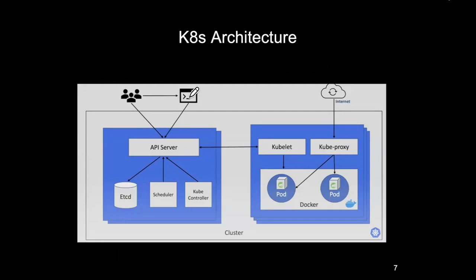And when I hit return on that command, it was sent across the network to the API server that's running in one of the master nodes, let's call it the main master node of our cluster. The API server asks the scheduler to schedule a pod for this request. The scheduler consults with the etcd, which is essentially a database telling us the state of all of our worker nodes over here.